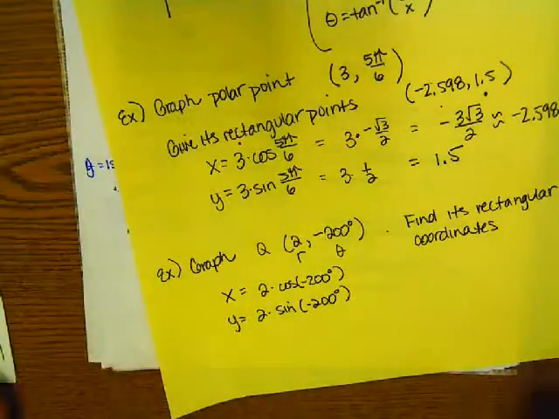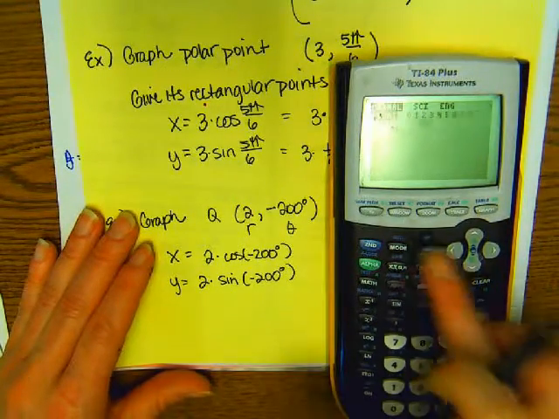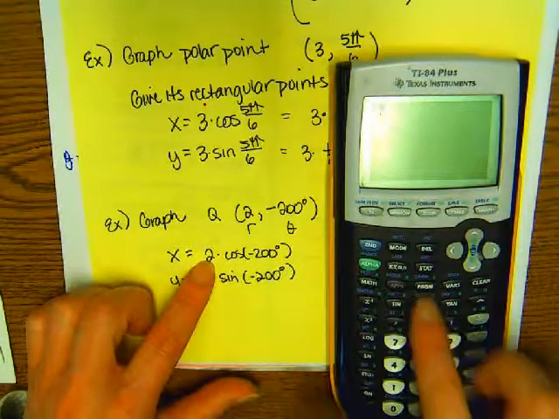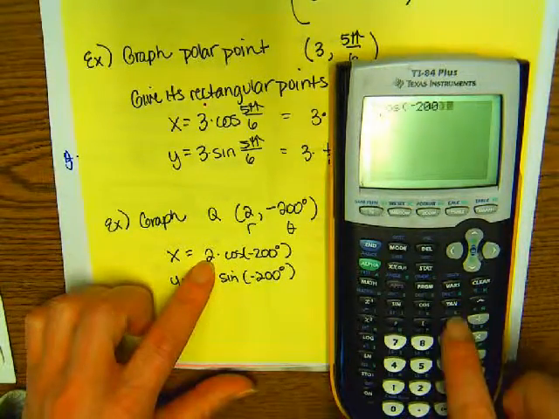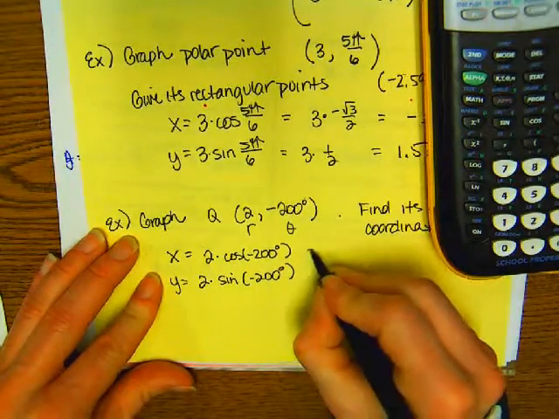Okay, so let's do that. Oh, I'm already in degree mode. Cool. So I get negative 1.879.